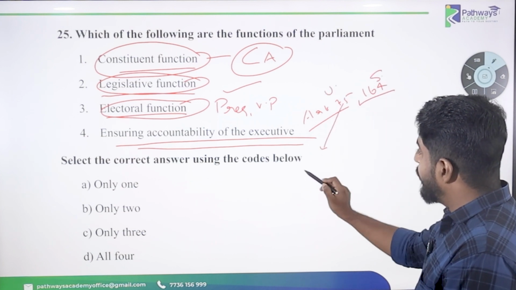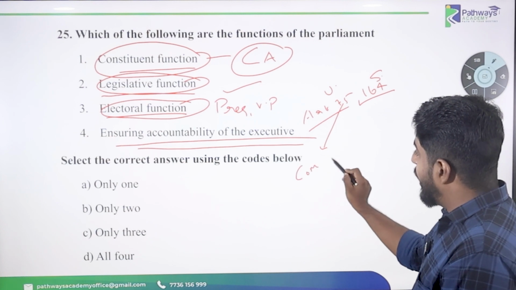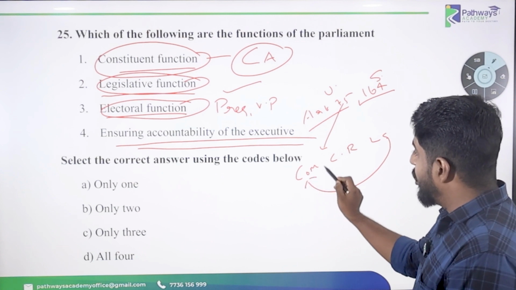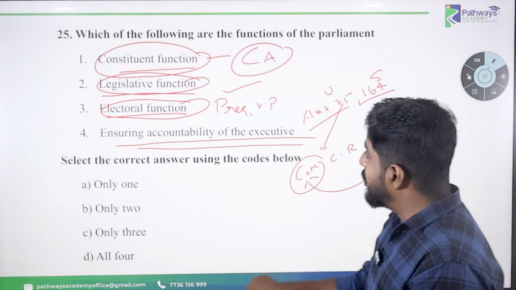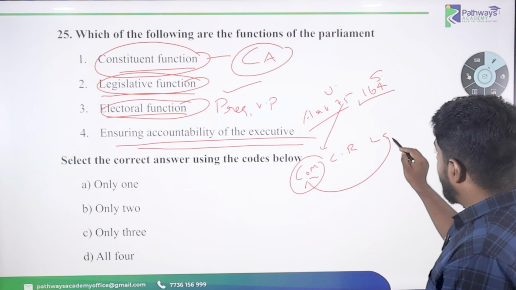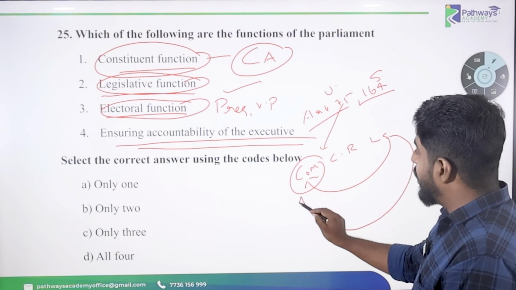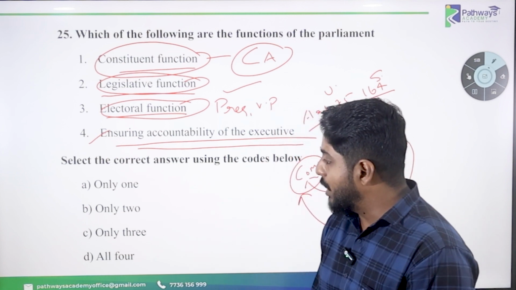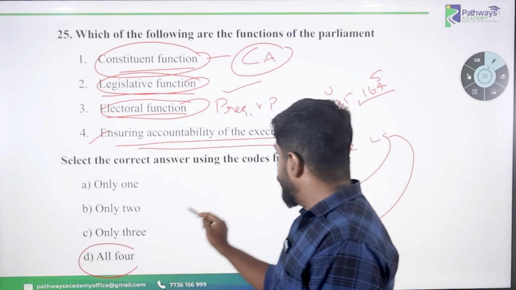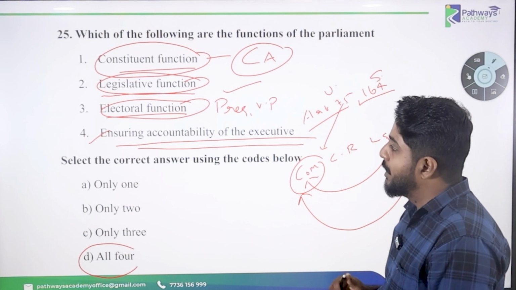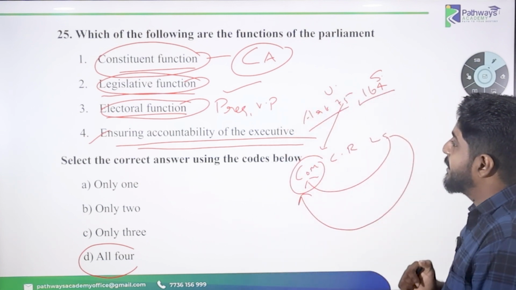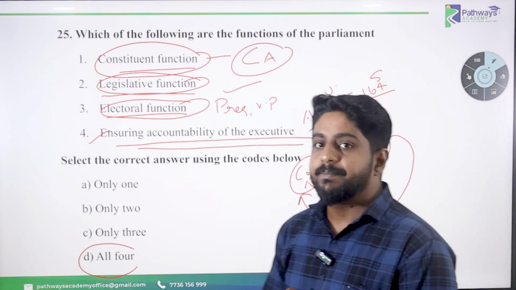According to 75, the Council of Ministers is collectively responsible to Lok Sabha. So Lok Sabha keeps a check on the Council of Ministers. So a part of the legislature keeps accountability on the executive. So 4 is also correct. So what is the answer? All 4. All 4 are functions of the parliament.